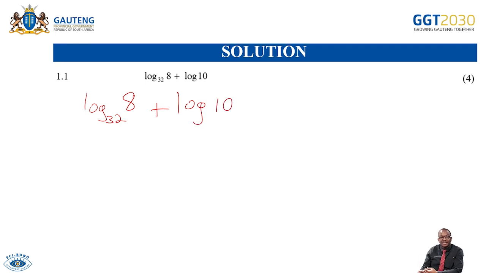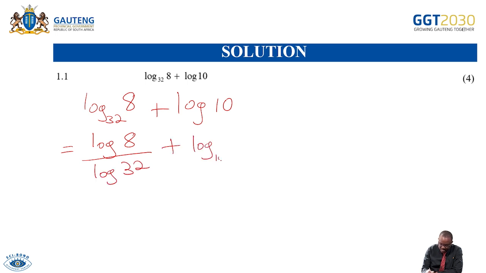Now, remember I said if the base is not given, you can assume that the base is 10. Then how do I solve this one? This one, guys, is the same as saying log of 8 all over log of 32 plus log base 10 of 10.